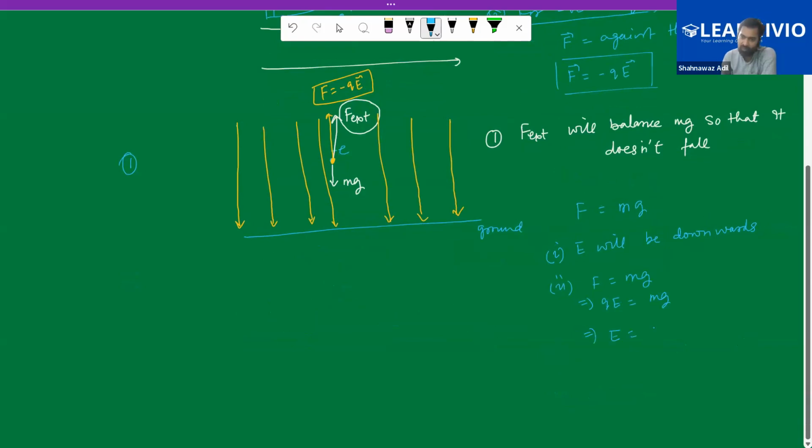So electric field would be mg by Q, which is E. This is the magnitude of the electric field that you have to provide to make this electron stay in the air. This electron will not drop down if you provide some external field in the downward direction, and that has this magnitude. So this question you have done, right?